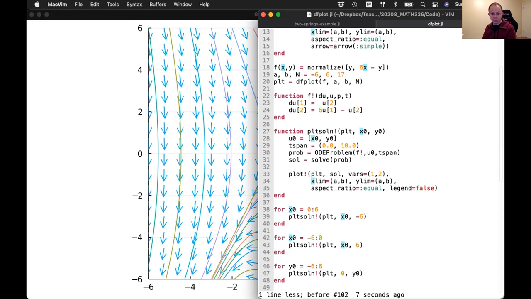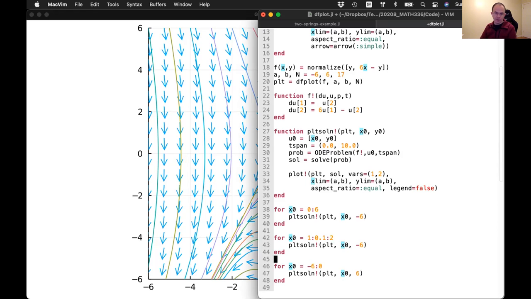Oh wait. So I'll delete this one here. I don't think I'll need that. So instead, I'm going to make a copy of that. And now on the second one, I'm just going to go between 1 and 2. But I'll do a step size of like 0.1.